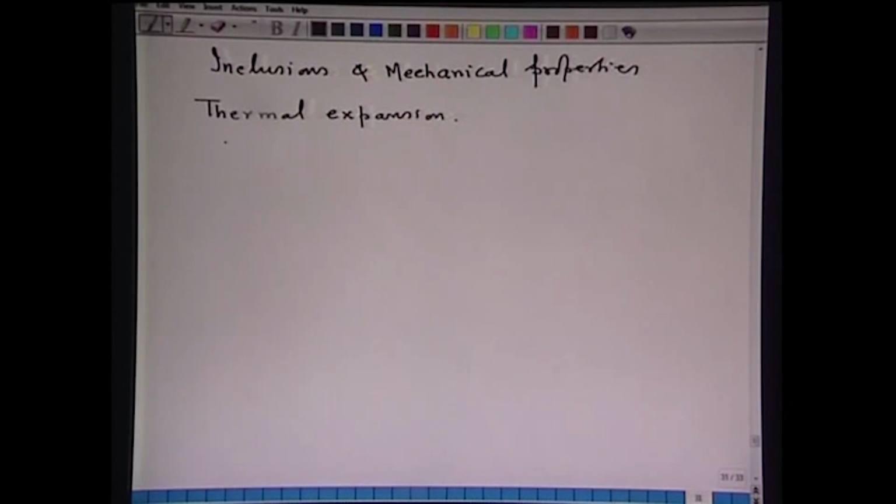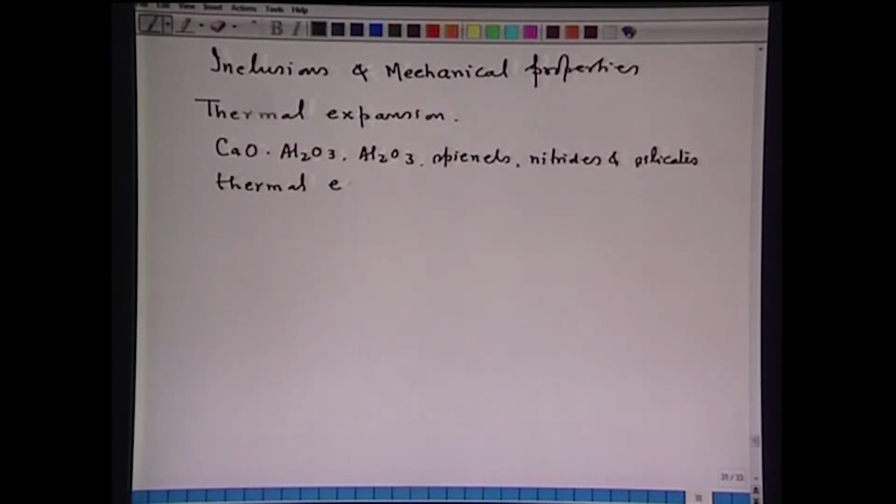Inclusions like calcium oxide CaO, Al2O3, spinels, nitrides and silicates have thermal expansion lower than the matrix.